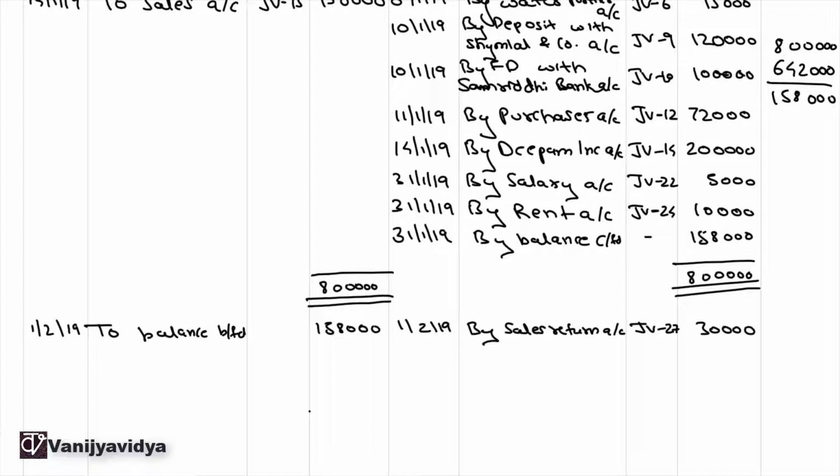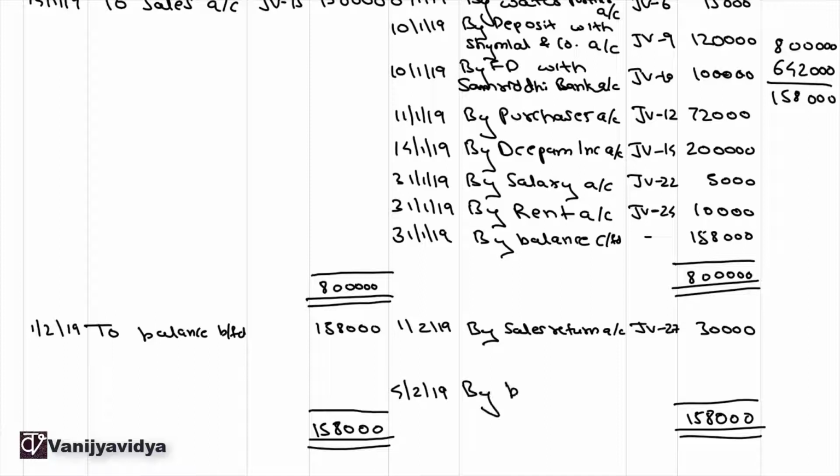So what is the total of debit side? 1,58,000. Total of credit side is 30,000. So it is less than debit side. So on both sides we'll write 1,58,000, and then on 4th Feb 2019 by balance carried forward 1,58,000 minus 30,000, that comes to 1,28,000.